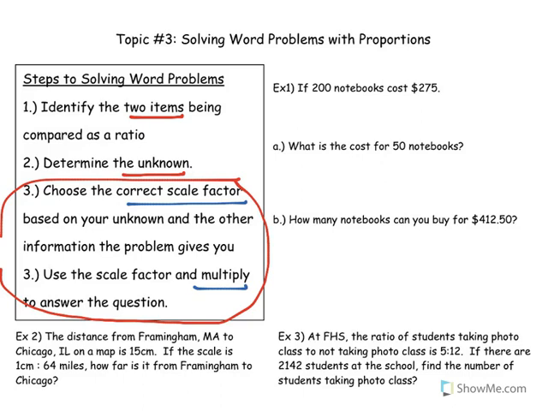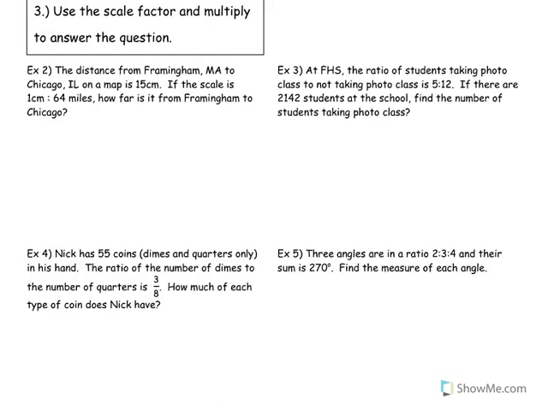Let's look at example 2 first, actually. So example 2 says the distance from Framingham, Mass. to Chicago on a map is 15 centimeters, okay? If the scale is 1 centimeter to 64 miles, how far is it from Framingham to Chicago, okay? So notice they've given us almost like a unit rate here. I know that there's 64 miles per 1 centimeter. There's my ratio.